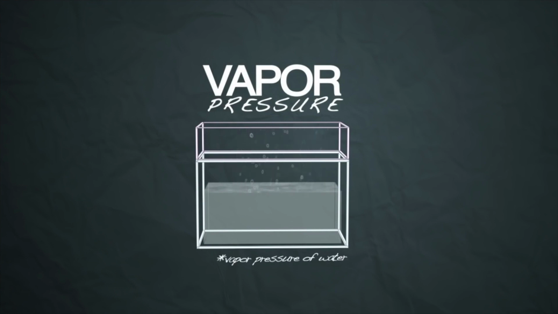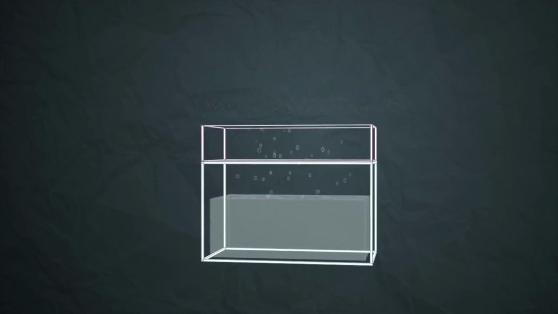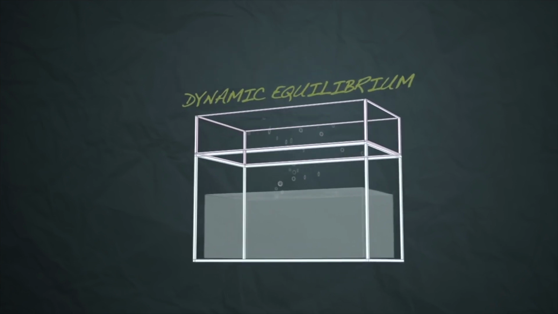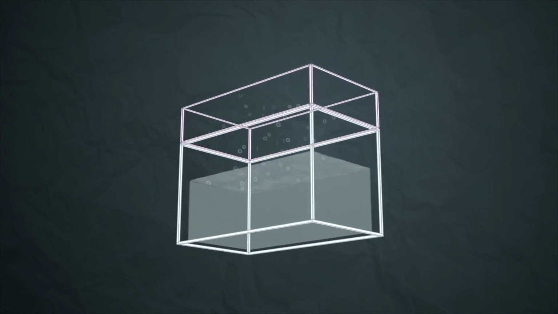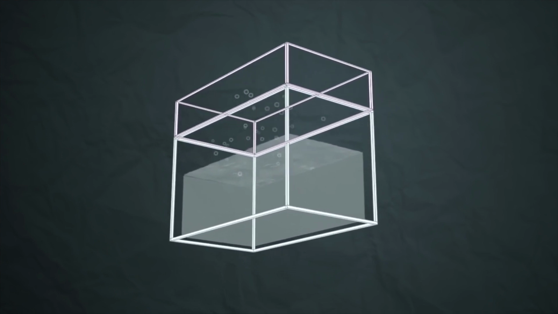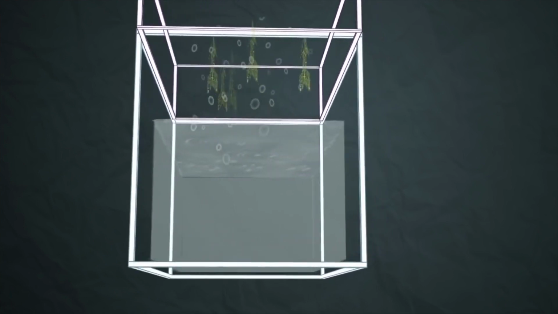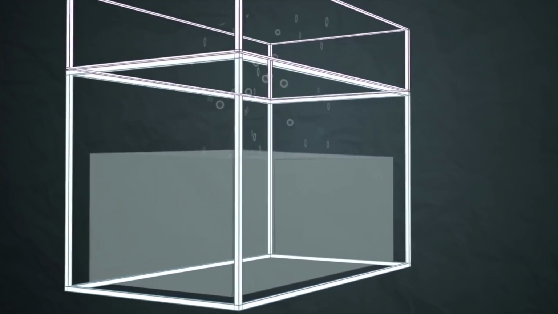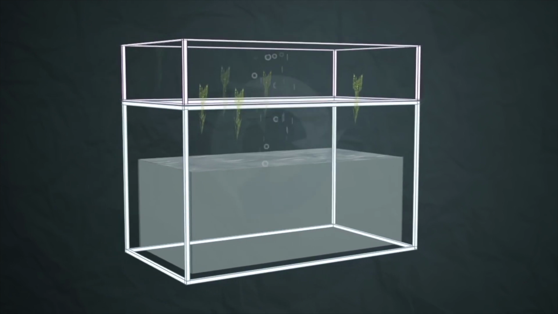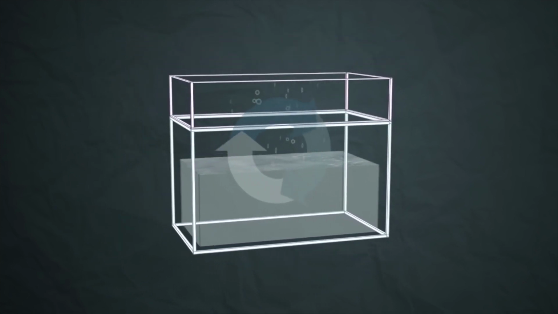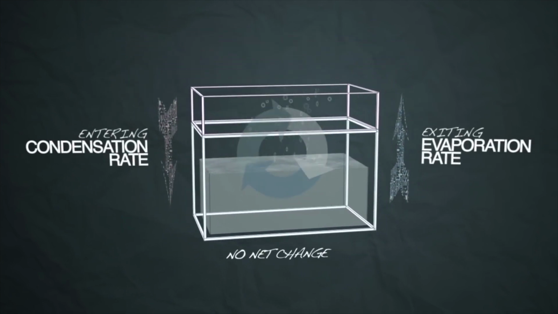It's an example of what we call dynamic equilibrium, meaning when you look at it, you can't tell anything's happening, but in actuality, there are billions and billions of molecules leaving the surface of the water, and billions and billions re-entering, at exactly the same rate, so there's no net change, but you have established what we call a vapor pressure.